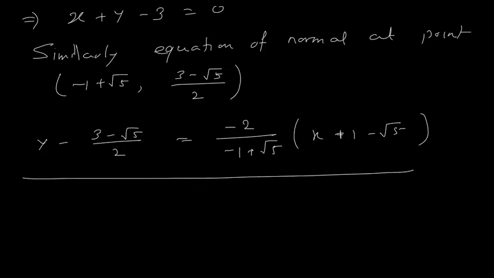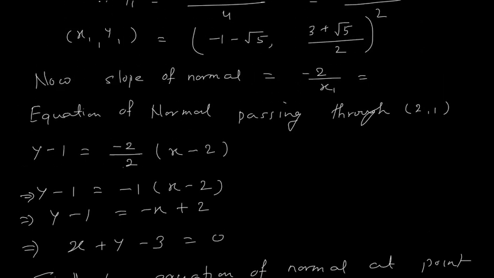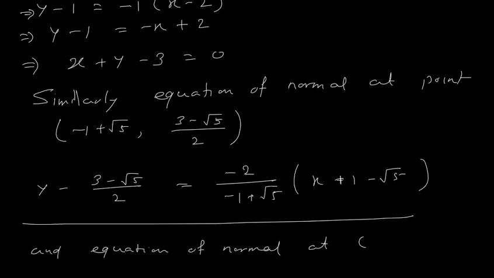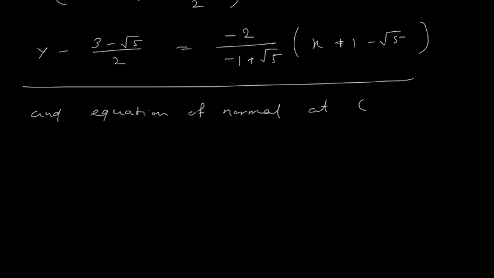And finally, the equation of normal at the third point, which is minus 1 minus root 5 comma (3 plus root 5) divided by 2.